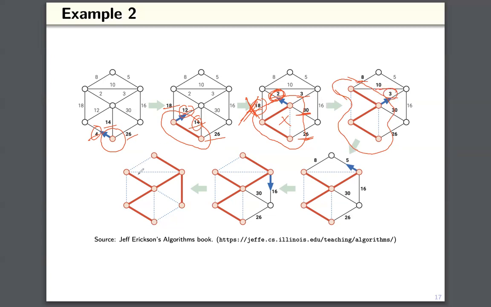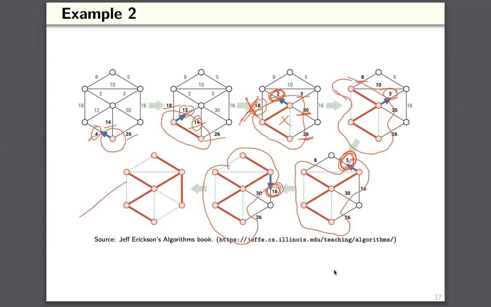So 3 gets pulled in, and so our graph will be something like this. What is the shortest edge? 5. 5 gets pulled in, right? So what is the shortest edge? 16. 16 gets pulled in. So this is our spanning tree. Minimum spanning tree. Okay.